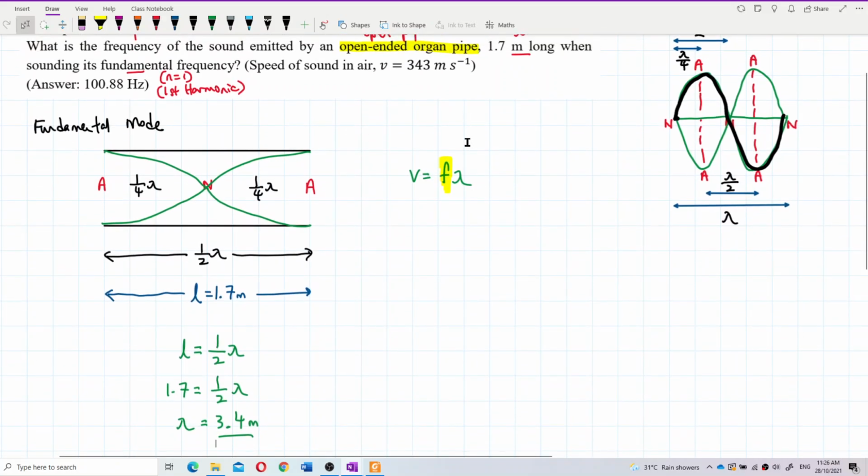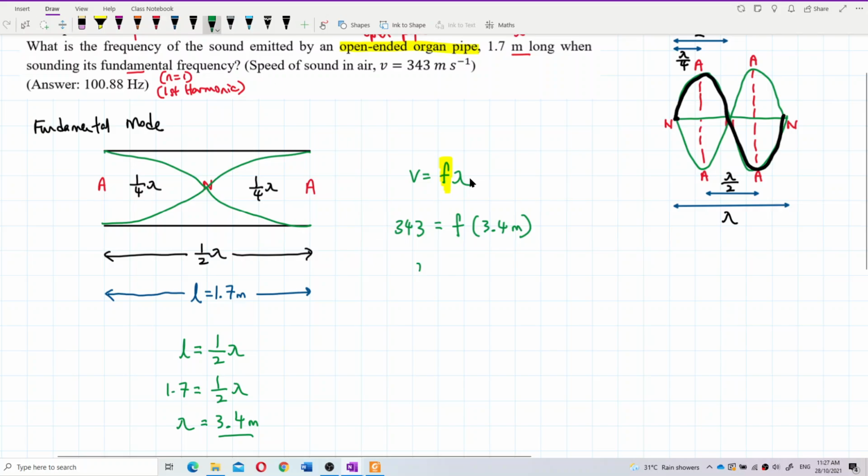So all units are in SI unit, and we are safe to substitute the values. The speed of wave is 343 meter per second, and the wavelength is 3.4 meter.